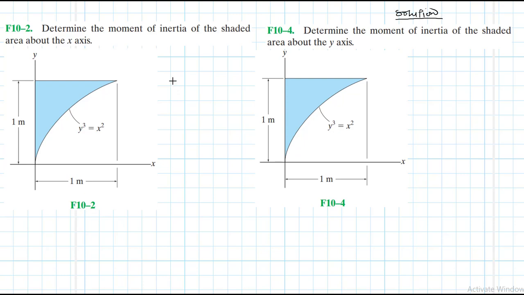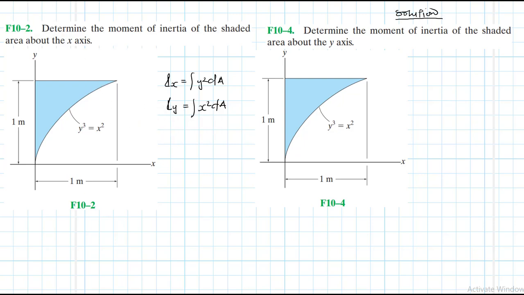Mathematically, moment of inertia is defined as, about the x-axis, I sub x equal to integral of y squared dA, and moment of inertia about the y-axis, I sub y, is equal to integral of x squared dA.